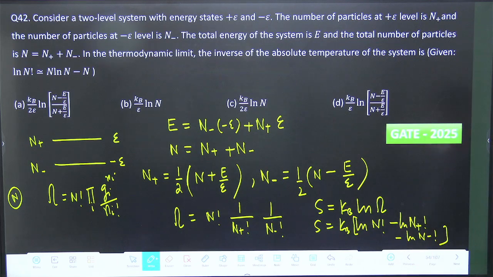So entropy S is equal to KB ln omega, correct?